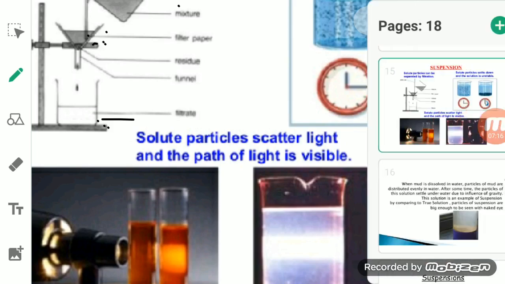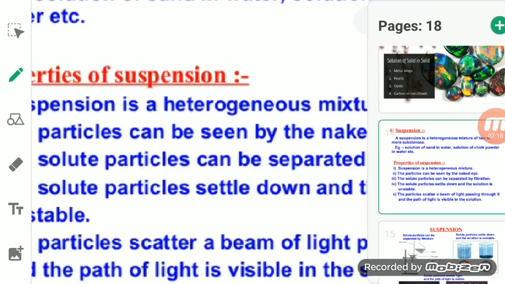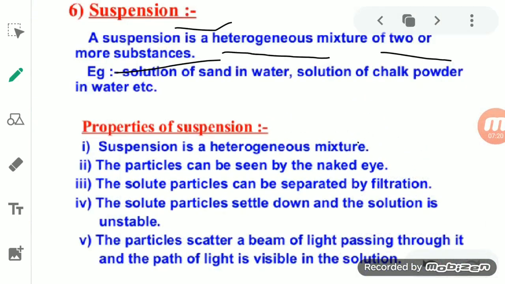So by these points we can conclude the properties of a suspension. What are the different properties of the suspension? First one is, it is a heterogeneous mixture.